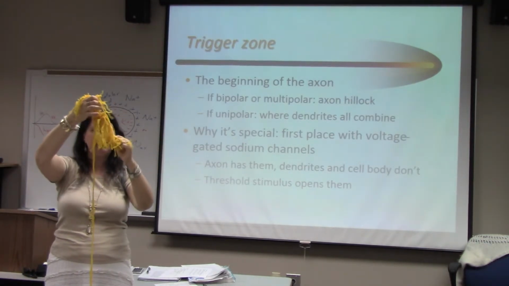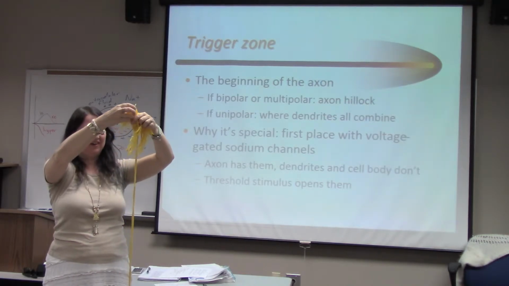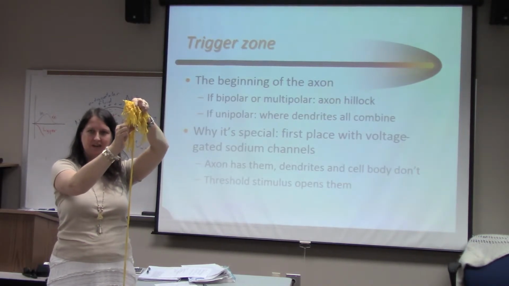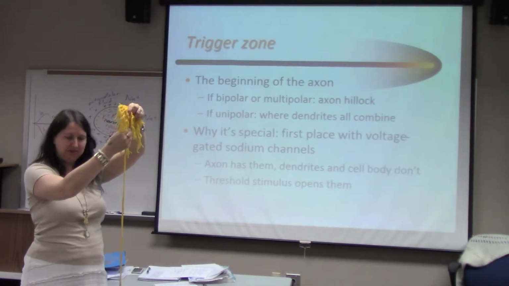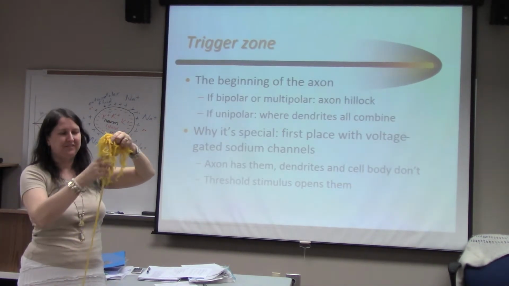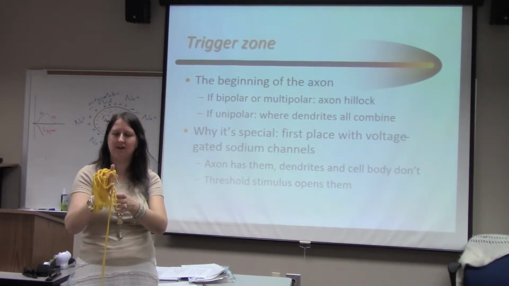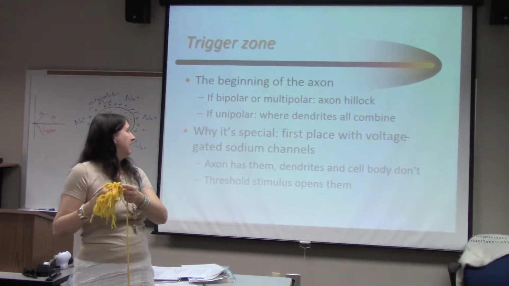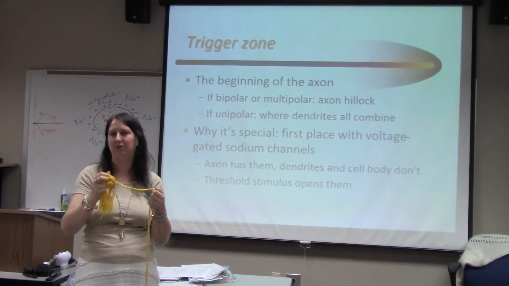So you'll have graded potentials coming in along the dendrites and cell body, and however much ion diffuses to here determines if we start an action potential or not. The amount of change it needs to make to start that action potential, sorry, I forgot to mention on the previous slide where it was shown, is called the threshold potential.